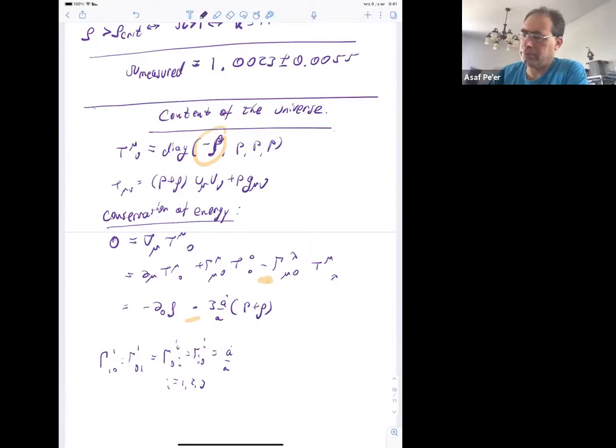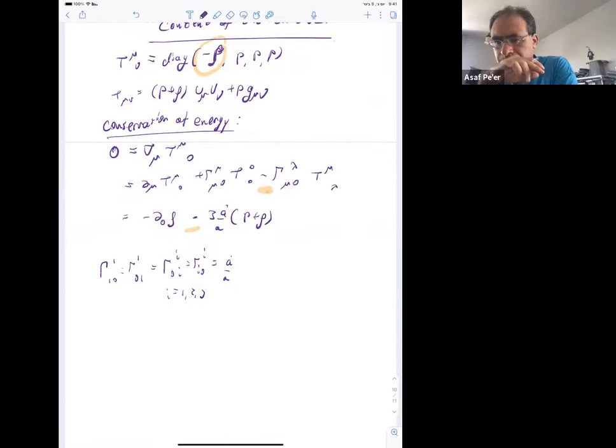It's called the equation of state, right?